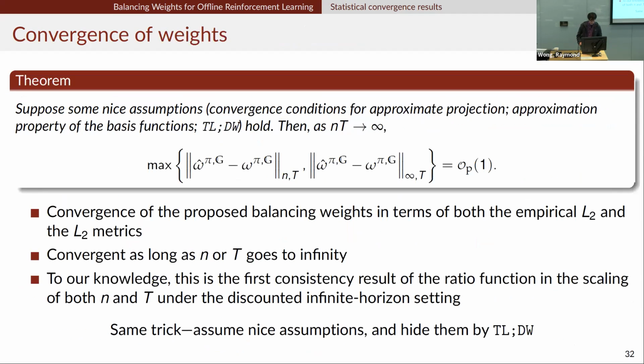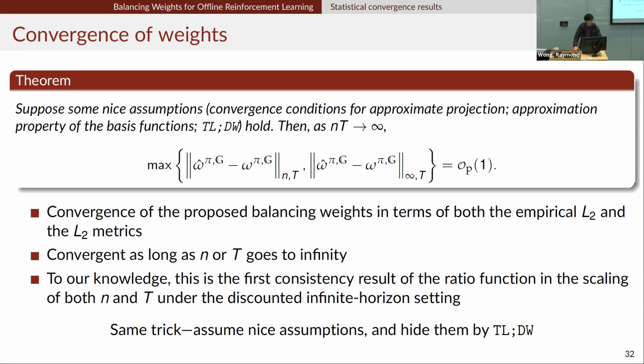Then you can go on and suppose some nice conditions, and we can have convergence of the weight function in both the empirical L2 norm and the L2 norm. Again, this result holds as long as n or T goes to infinity. So you can have a small n, large T regime, or a large T, small n regime, and so on.